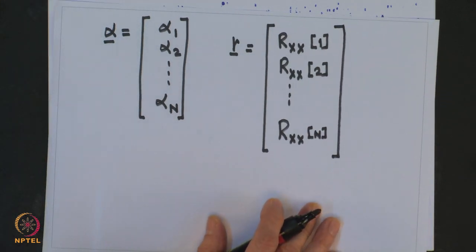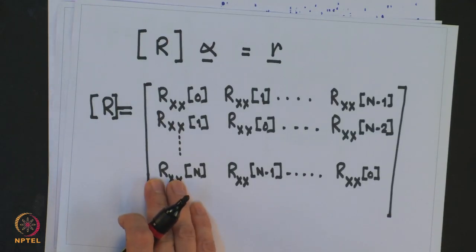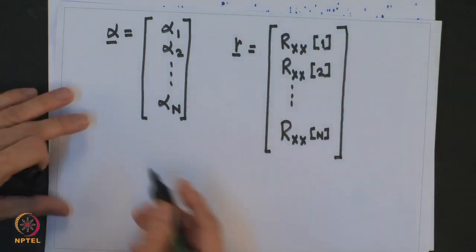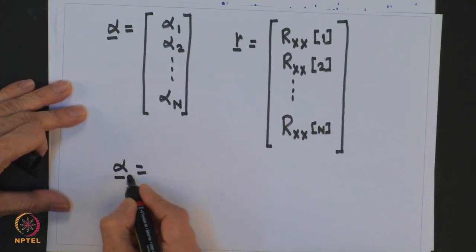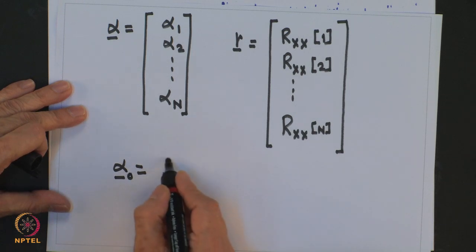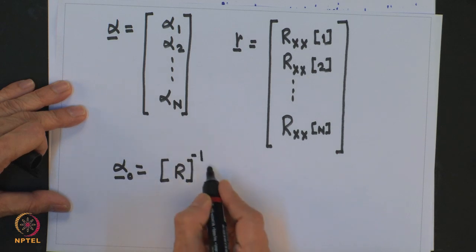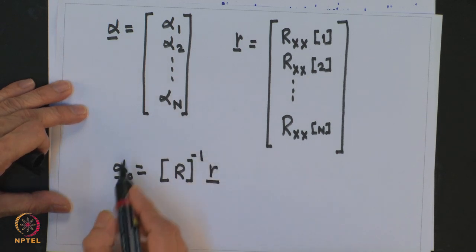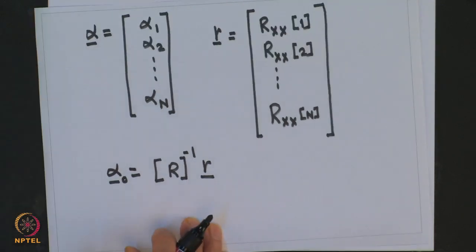Now if you assume that this matrix R is invertible, then I will get my alpha optimum to be this. So when I take this I will call it alpha optimum, fine.